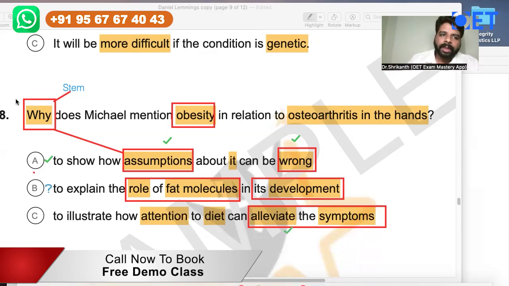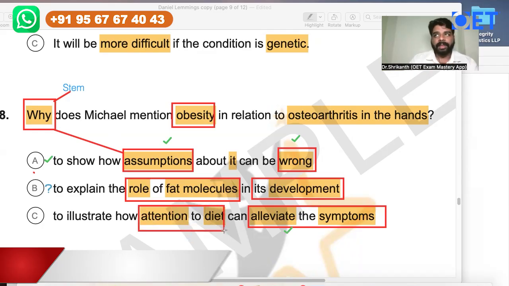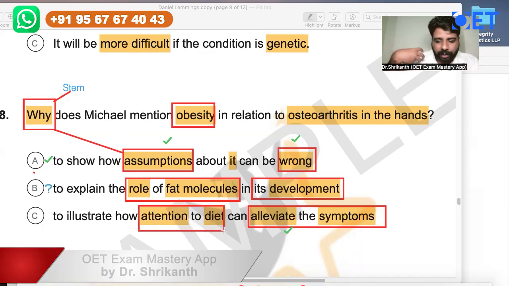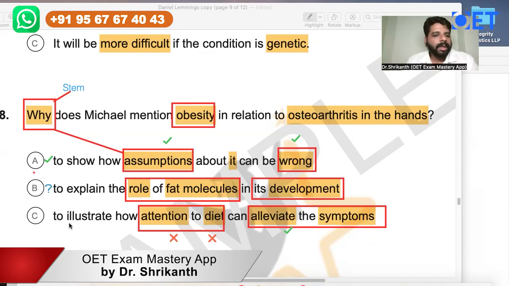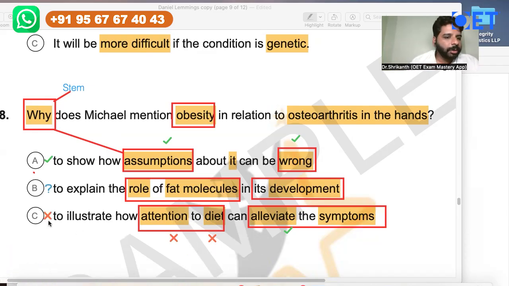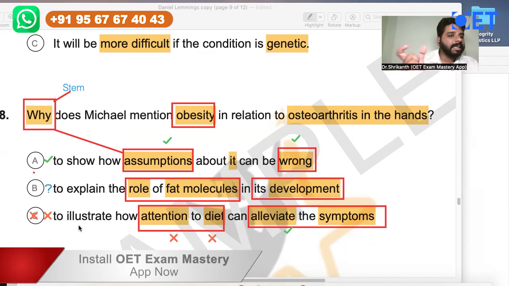So alleviating the symptoms is mentioned. But did we hear anything about diet? Nothing related to diet. This keyword is not mentioned at all. Since that is not mentioned, we cannot choose option C. So C is something you can very easily eliminate.